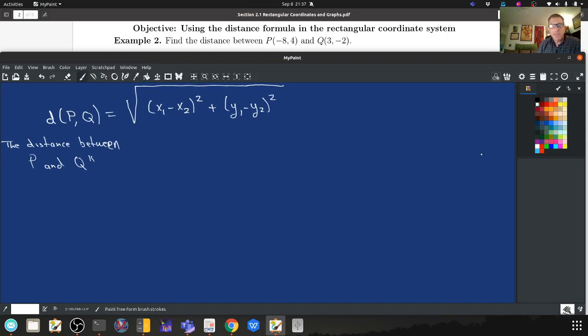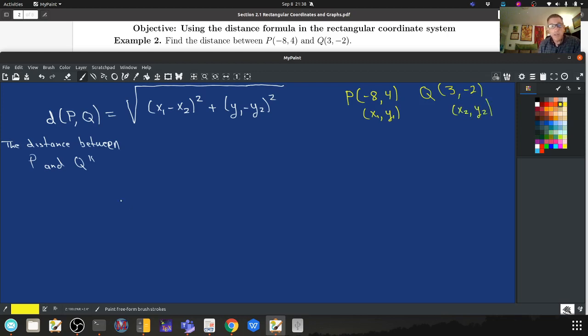So our point P is given by the coordinates minus 8 and 4. So we will let that be x1 and y1. It does not matter. You could have put x2 and y2. It doesn't matter. And then our point Q is given by 3 and minus 2. And that will be x2 and y2.